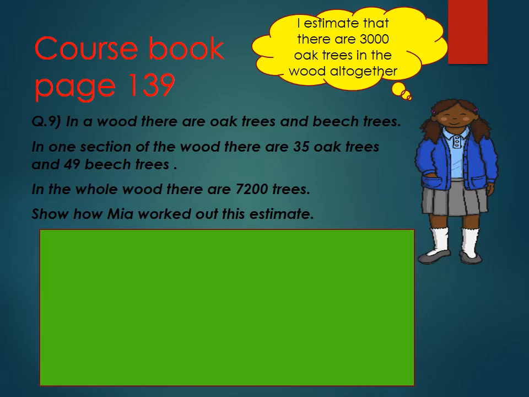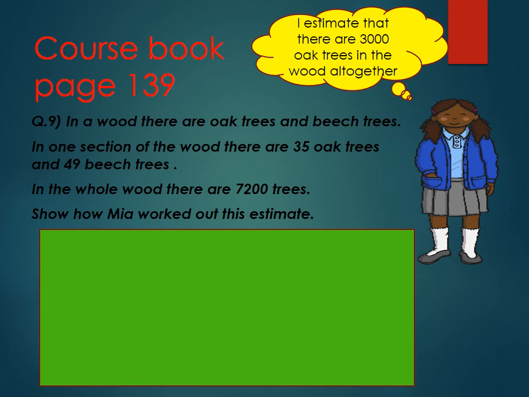Now we will solve question number 9 from your course book, page 139. In a wood, there are oak trees and beech trees. In one section of the wood, there are 35 oak trees and 49 beech trees. In the whole wood, there are 7,200 trees.